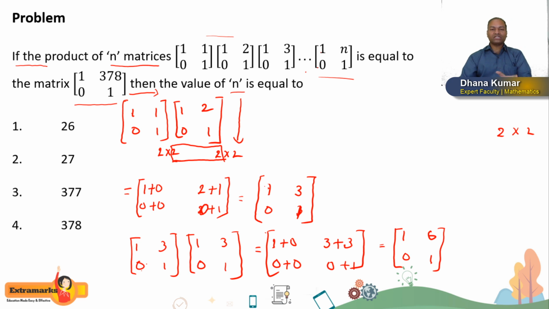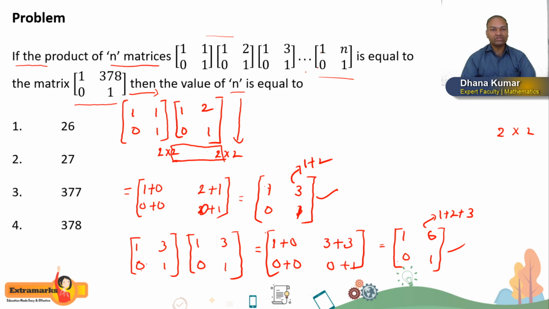Enough, 3 matrices I multiplied here. Now you observe that one small relation is there between the first two multiplication answer and this answer. Just see, 1 0 1, 1 0 1, same. And 3 can be written as, for our convenience, 1 plus 2. Right. 6 can be written as 1 plus 2 plus 3.